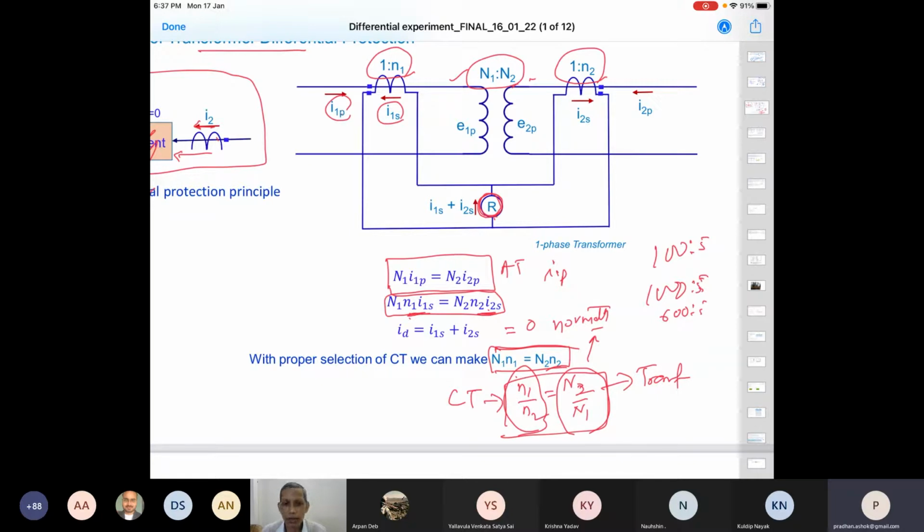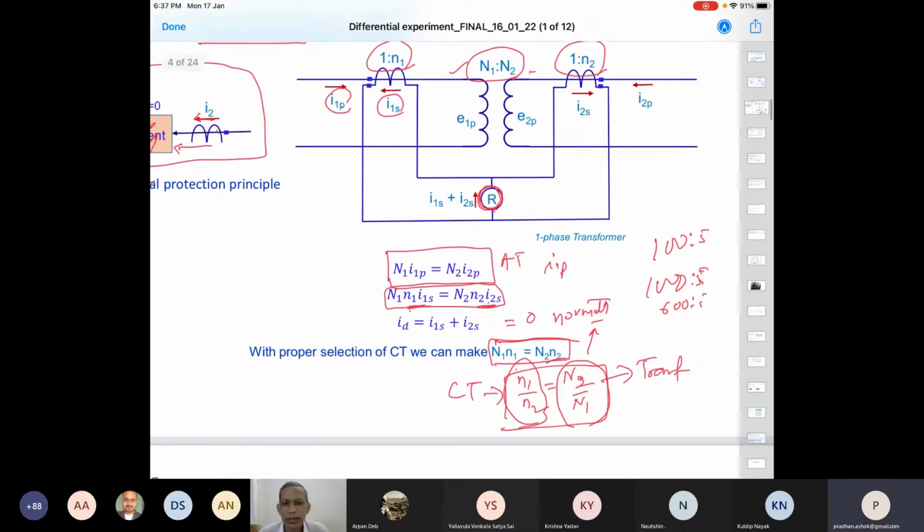So these kinds of standard CTs are there. The ratios of CTs are very standardized. You can Google and see what the manufacturers provide. And CTs will be several in number in this system. Therefore, this is not always possible.